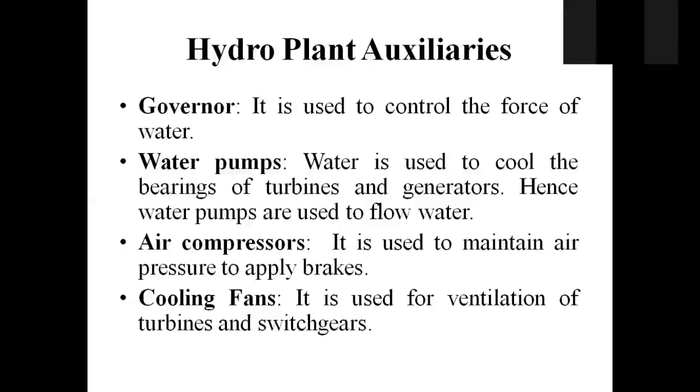A switch gear is a combination, or a set, of measuring instruments, and there is a fashion in which these measuring instruments work. So wherever current is flowing, a lot of heat is produced. So what we do is we use fans for the ventilation of turbines and switch gears.